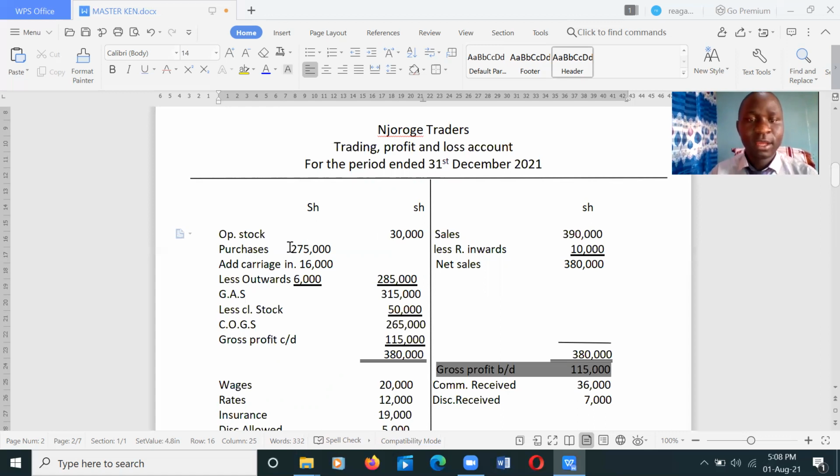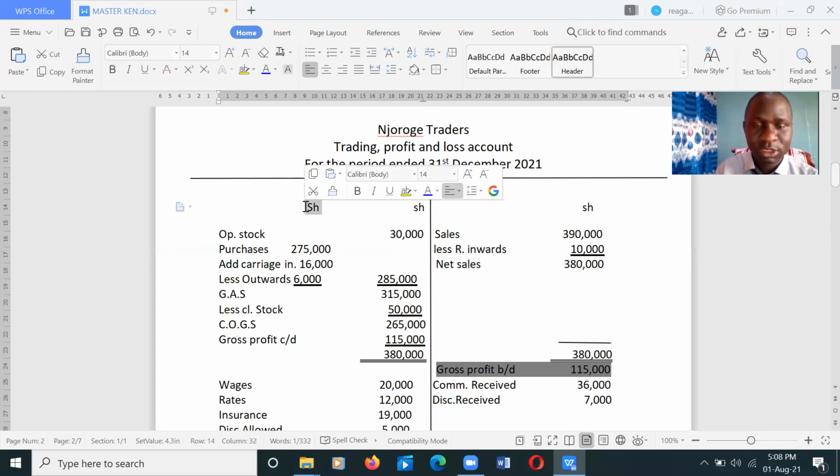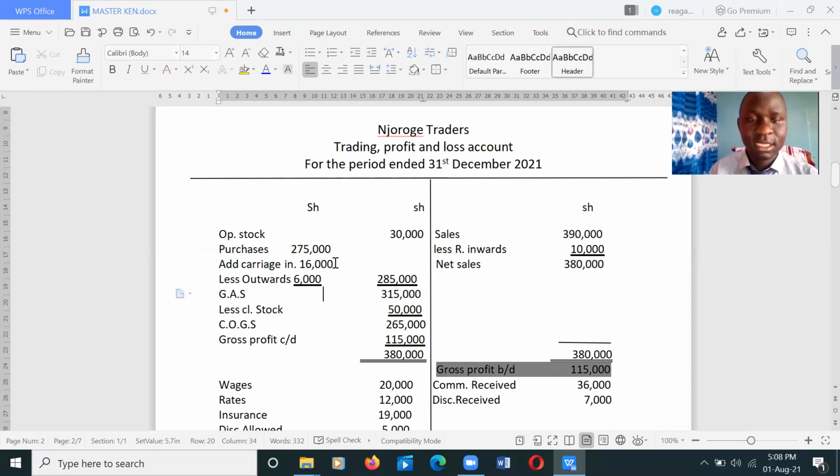Here this business purchased goods worth 275,000, so 275,000 will be put on the first shilling column. This shilling column shows the currency we are dealing with. And then we add carriage in, which is 16,000. I said carriage in is the cost incurred when bringing goods into the business, like transport.